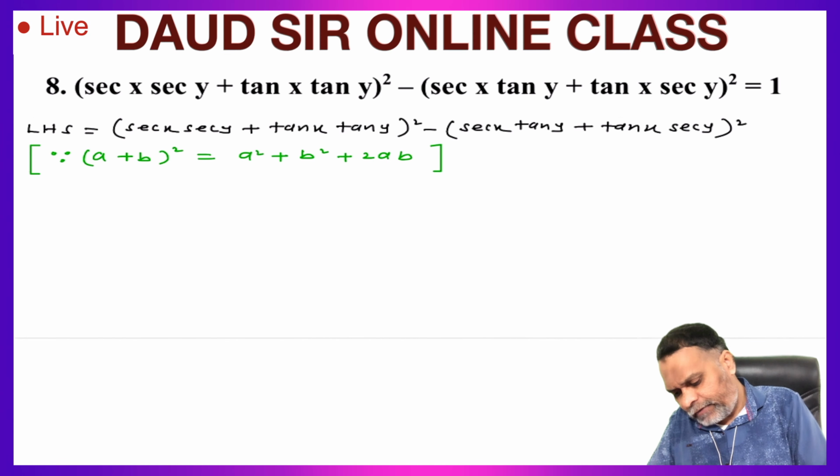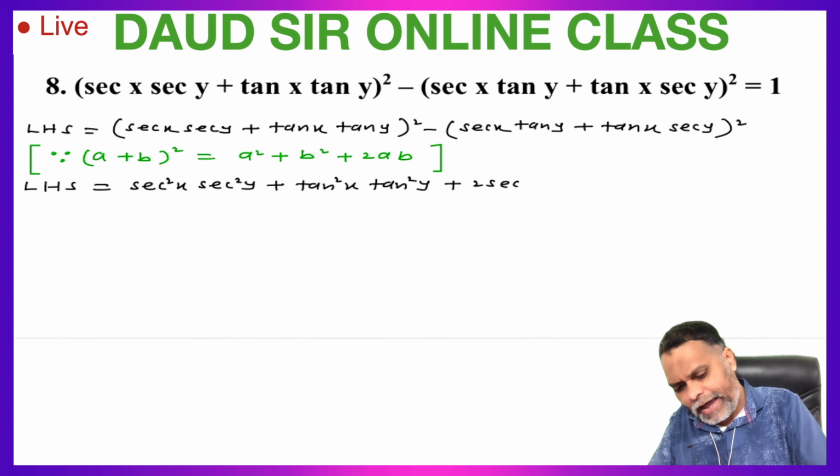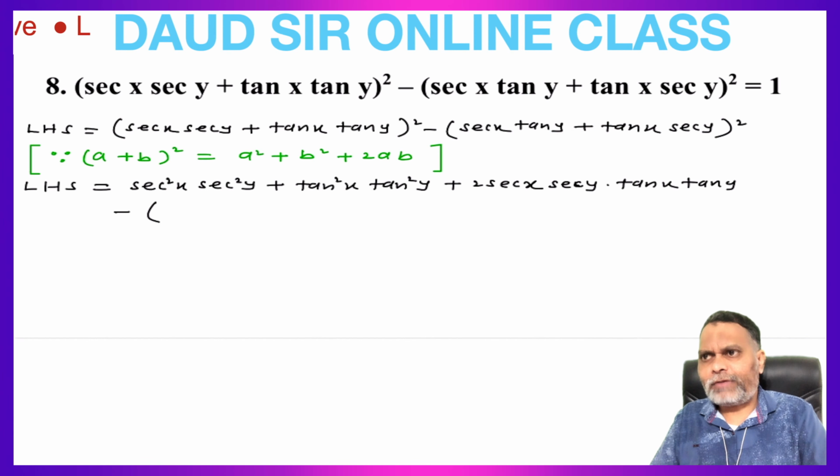So LHS will become sec square x sec square y plus b square, so tan square x tan square y, plus 2ab, 2 sec x sec y into tan x tan y, minus, in the second bracket again apply the identity (a plus b) whole square.